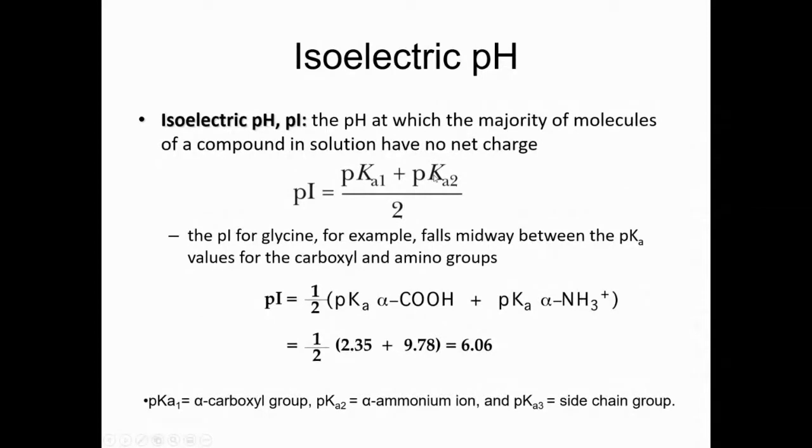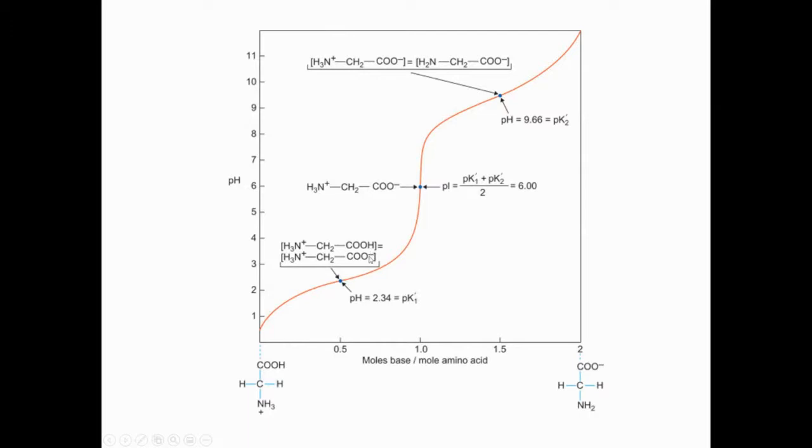So you have pK1 plus pK2 divided by 2. For example, the pI for glycine: the pK of the carboxyl group and amino group, 2.35 plus 9.78 divided by 2, is 6.06. See here, there's a pK1 and pK2, when they reach the point where they have this 1-to-1 ratio.